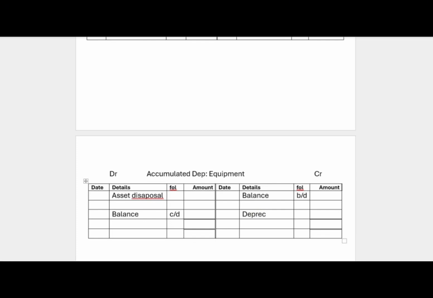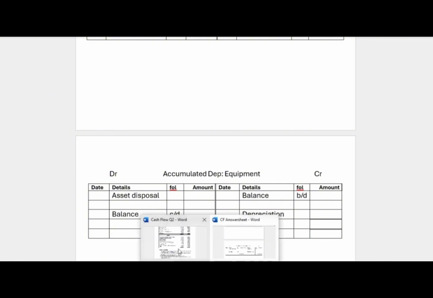All right. And then, now this is the format, right? So we need to do the right thing right there. Okay. Now let's go and look for the opening balance of the accumulated depreciation of equipment.